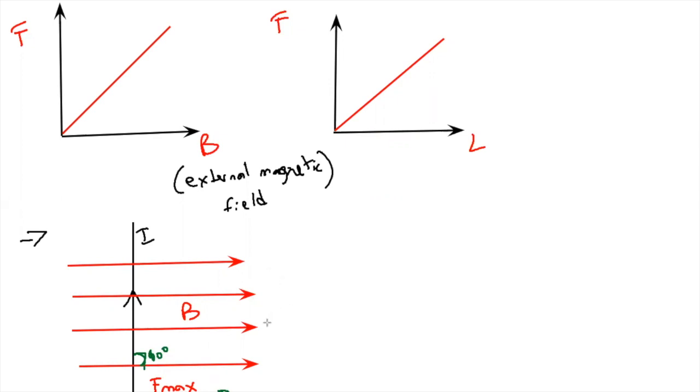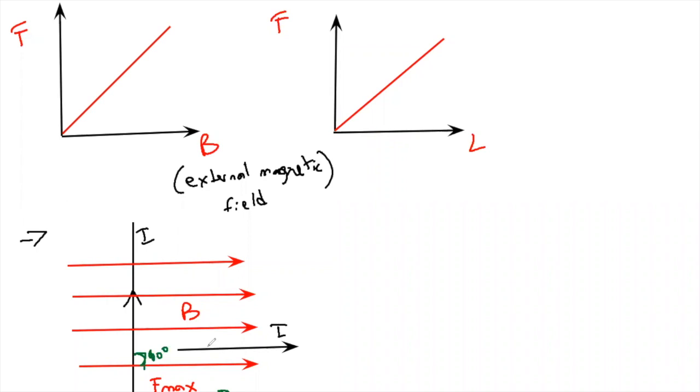What does that mean? That means that if I suddenly say, okay, now my current is over here, so if this is your current, that means that the force is going to be zero. Why? Because they're parallel.